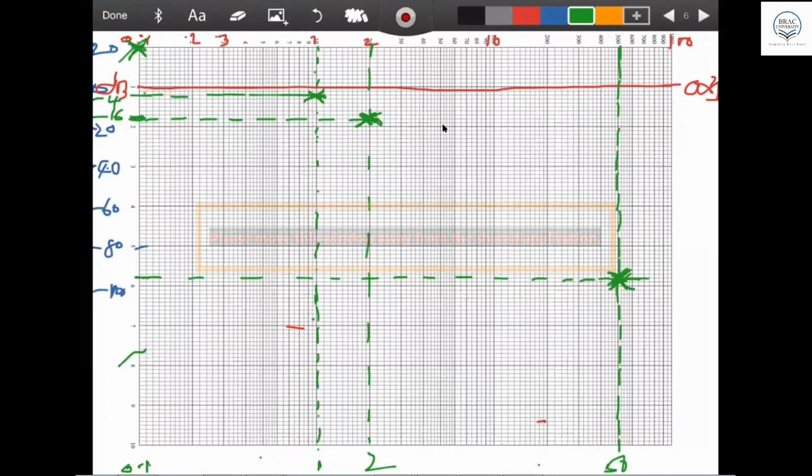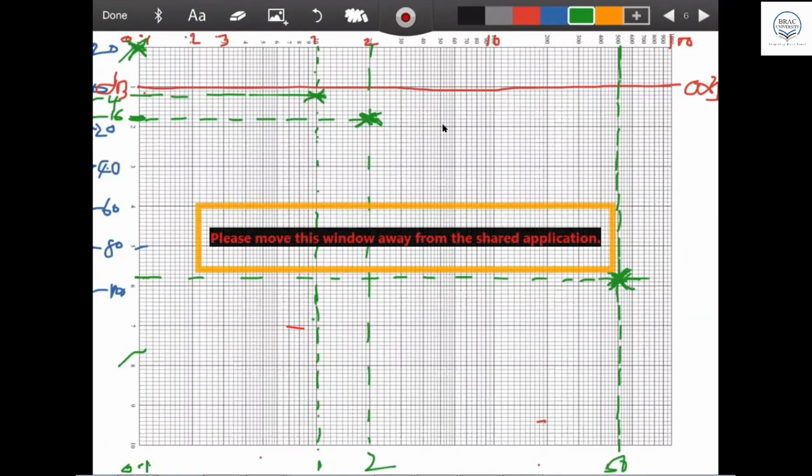These 4 points are for those 4 omegas. Everybody check your points approximately like this. Then take a ruler or a scale and draw the straight line. Join the points with a scale or any straight bar.